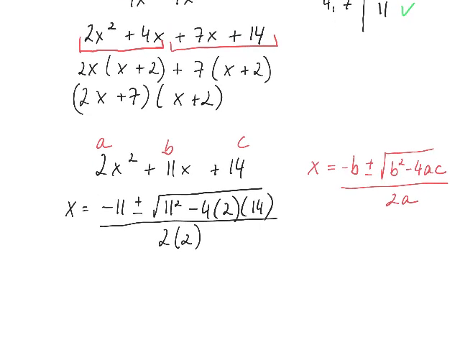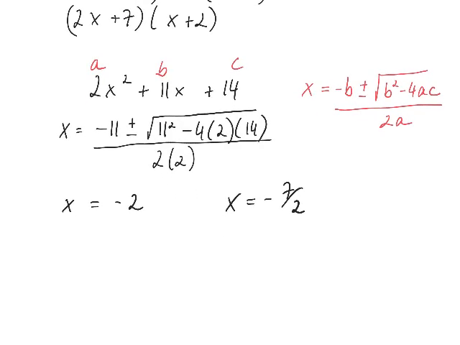You can put that into your calculator. First you calculate it with a plus, and then you get your solution, and then you go back and change the plus to a minus, and you get the second solution. Your calculator gives you the following: for the plus, it gives you minus 2, and for the minus, it gives you minus 7 over 2.